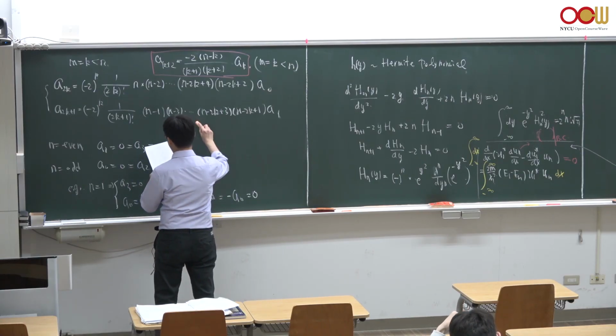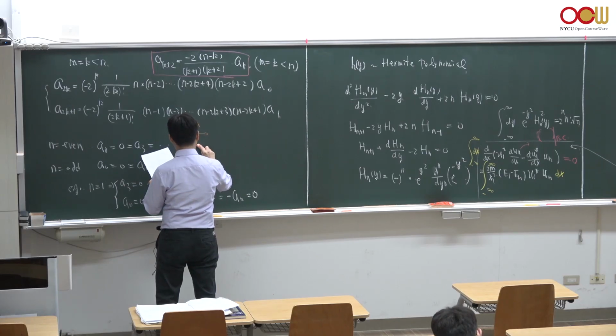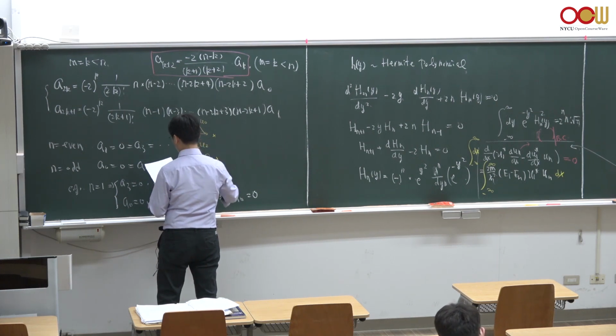For example, the even parity states are u0, u2 and u4.